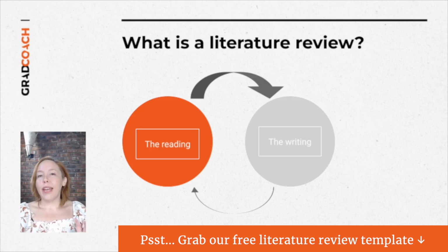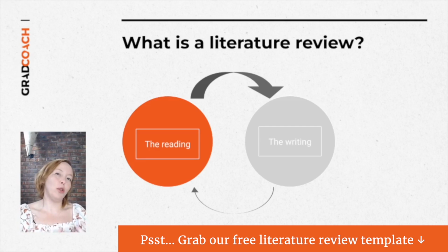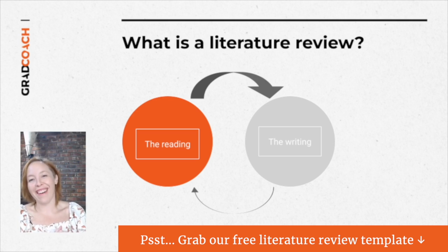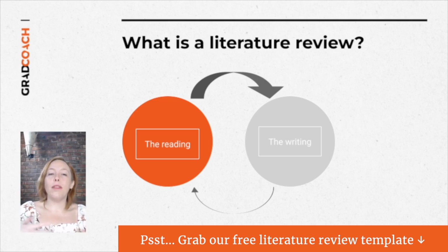And with these two phases, the reading and the writing, what I personally tend to find is that many students will get stuck in one of these spots more than the other. So you'll get the student who doesn't even know where to start with the reading, and you'll get the student who's read everything. Their mind is so full of stuff, and they just don't know where to start writing because there's just so much going on in their brain right now. For that reason, I always suggest a little bit of iteration between reading and writing, where you read a little bit and you ask yourself, okay, is this relevant?